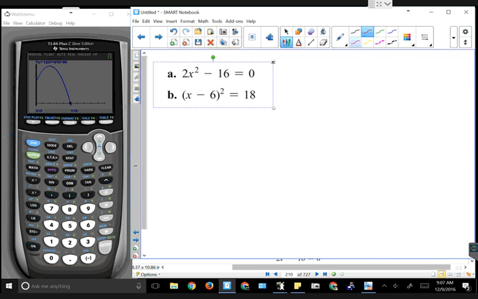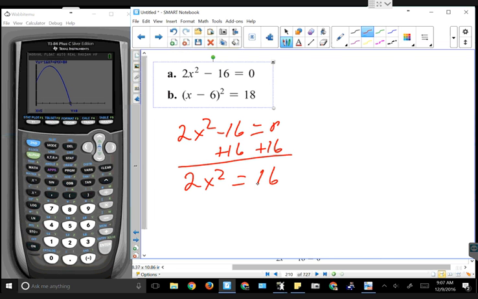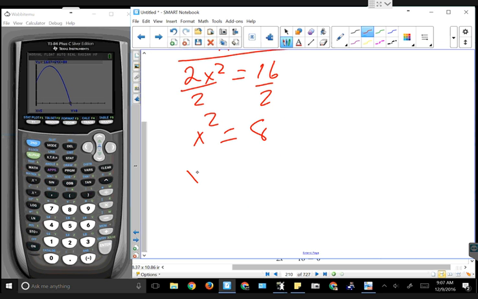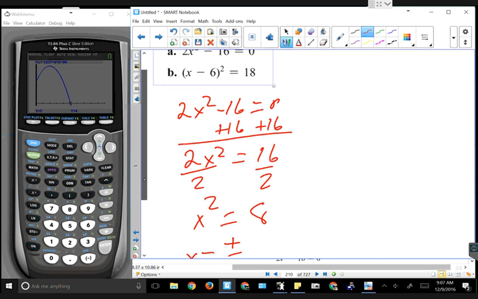If I've got 2x squared minus 16 is equal to 0, we add 16, add 16. 2x squared is going to be equal to 16, divide by 2, divide by 2. x squared is going to be equal to 8. That means that x is going to be equal to plus or minus, because we're saying that something squared is equal to 8.